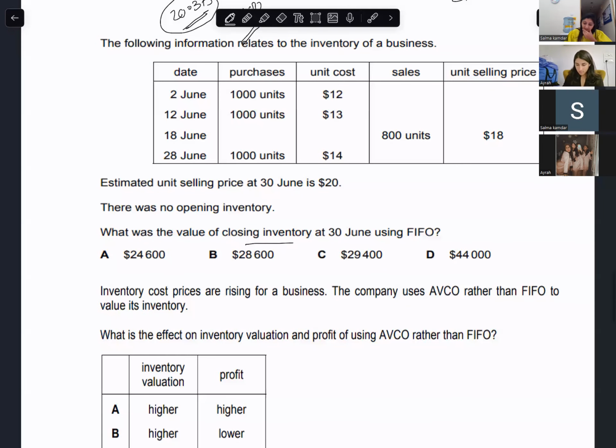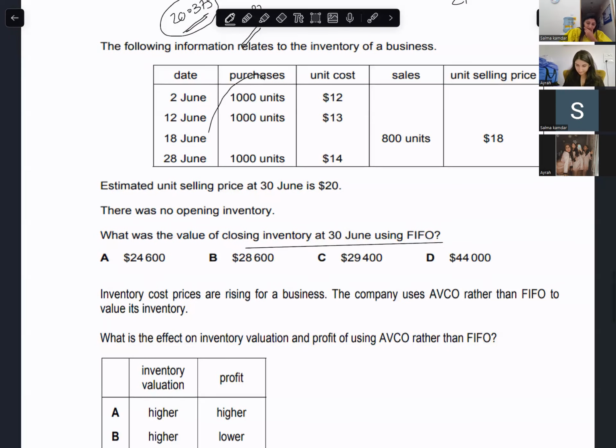Value of closing inventory using FIFO. So you have 3,000 units minus sales 800. So 2,200. 2,200 units in FIFO out of the most recent production.